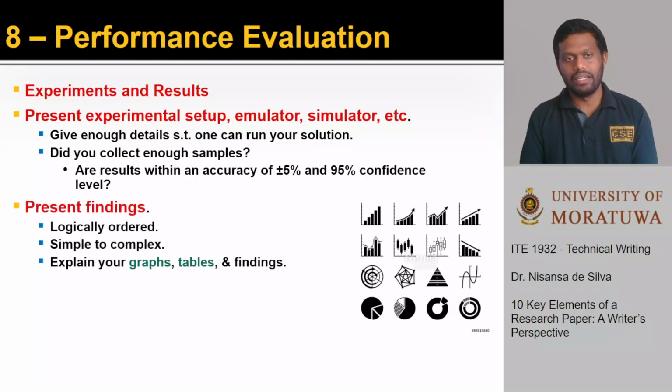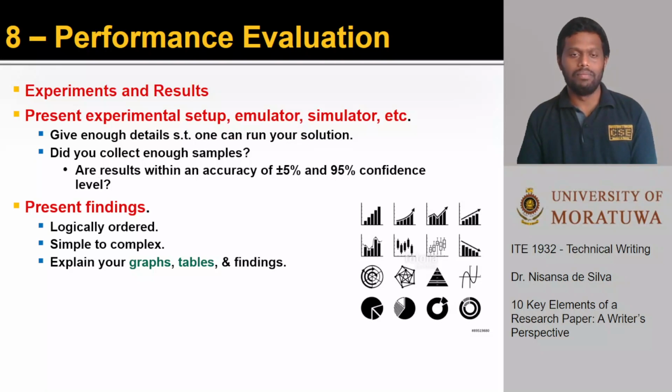You can present your findings logically ordered, one after another, and sometimes you can have simple to complex as well. You can describe with graphs, tables, and findings. So findings would be just write-ups, so comparative analysis.